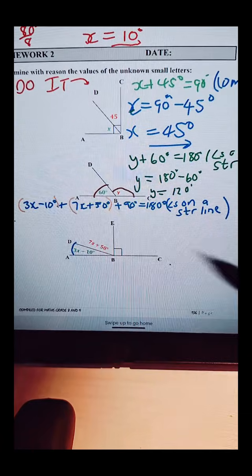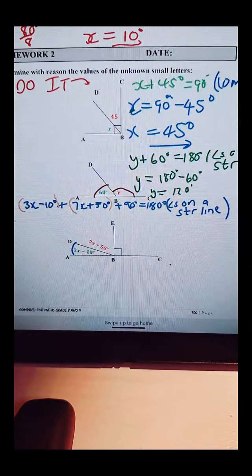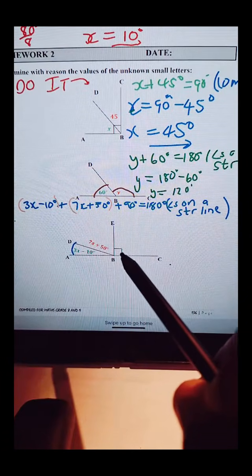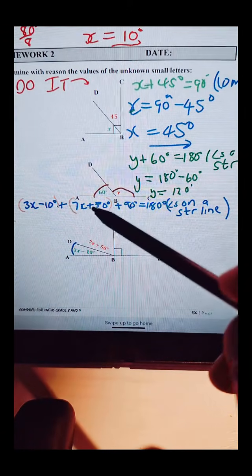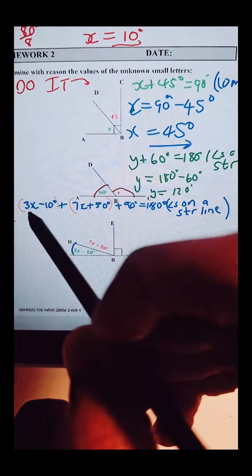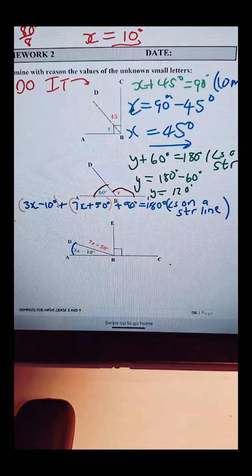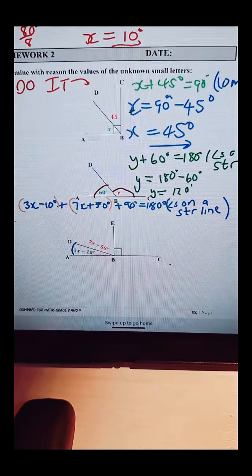Whenever you have a binomial angle, which is in essence one angle, even though it consists of two terms, you put it in brackets so that it indicates a singular angle. So 3x minus 10 is a term, you put it in brackets, okay? Just so that you can emphasize that these are individual angles. It's just that this one is written in terms of x.